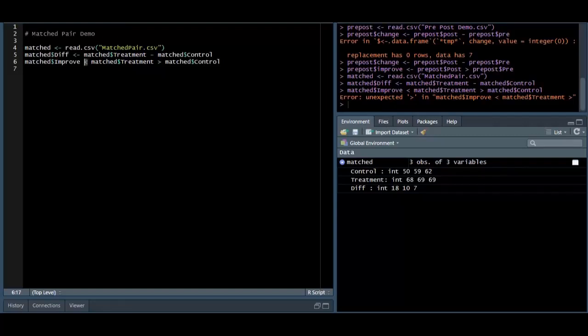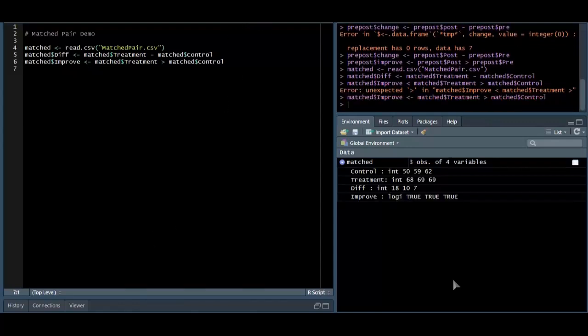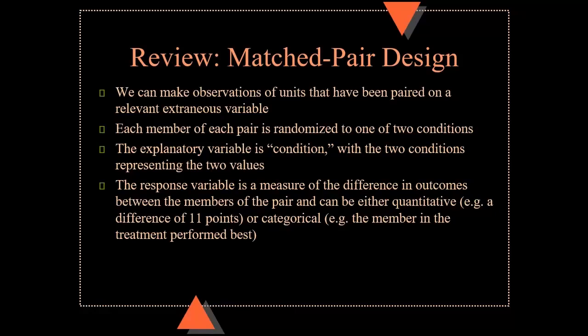It's supposed to be an assignment operator, and it's just a less than sign. All right. Okay, and everyone improved, and so we've got the categorical data. So we can either analyze these data by looking at mean improvement, or we could look at the data by looking at the proportion that improved.